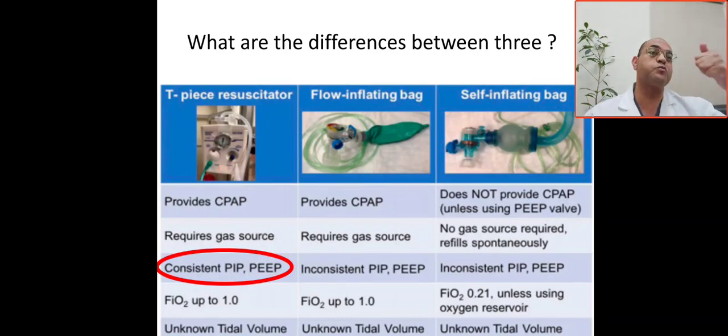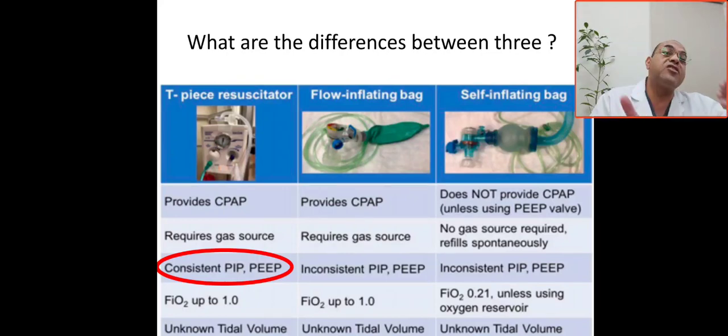So this is the most important point, the oxygenation. I need oxygen blended and adjustable. For example, if the baby is more than 35 weeks, I have to initiate the resuscitation with 21% oxygen, because the survival rate and outcome will be better with 21% oxygen.